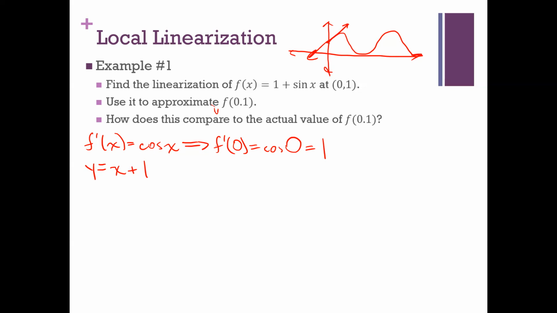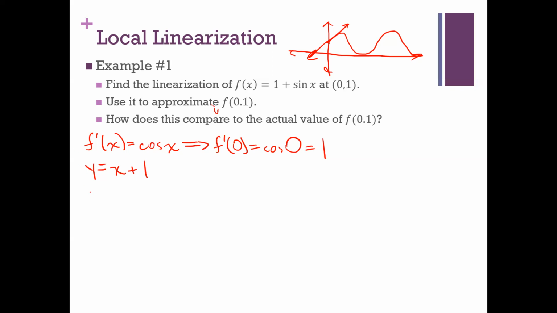Clearly, if you look at the graph up there, there's a very small window where that even comes close to making sense, right? If I put in 5 for x, this is going to be nonsense. But I'm not going to use it for that. I'm looking for it around fairly close. So I want to use this to approximate f of 0.1.